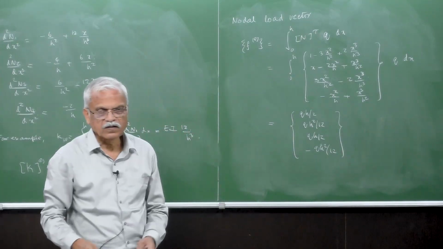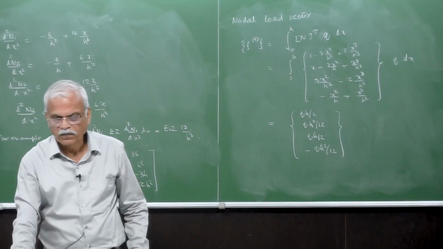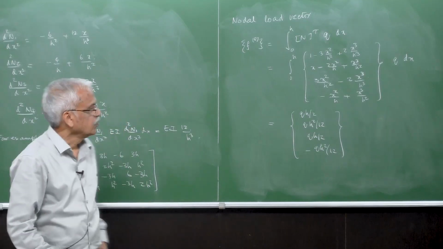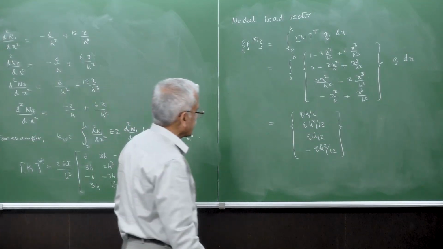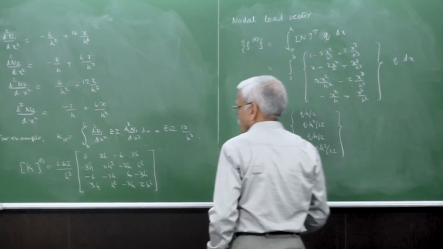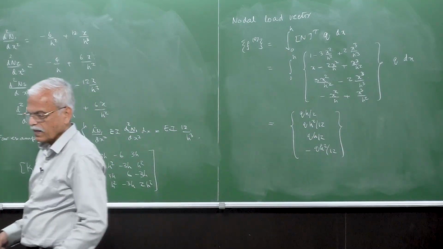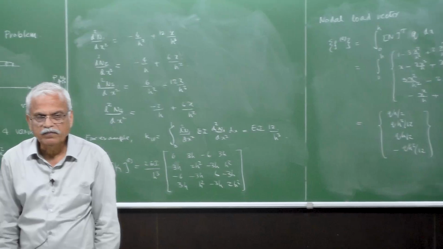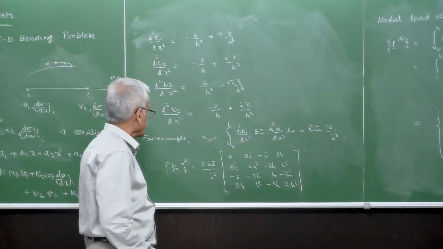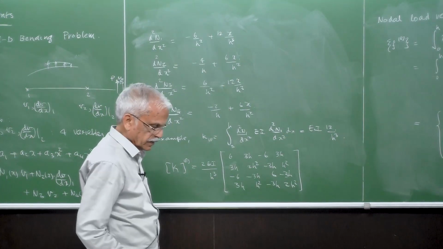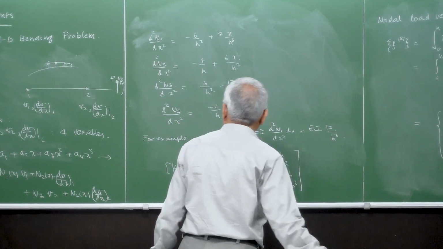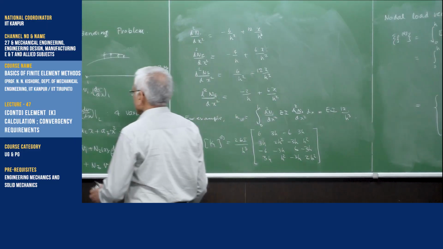So this is the nodal load vector, assuming that there is a uniform load Q acting on the element. So apart from this, of course now, okay, let's complete this. This is still not complete. So this is the stiffness matrix here.